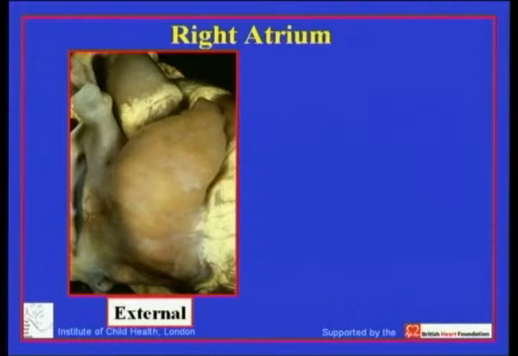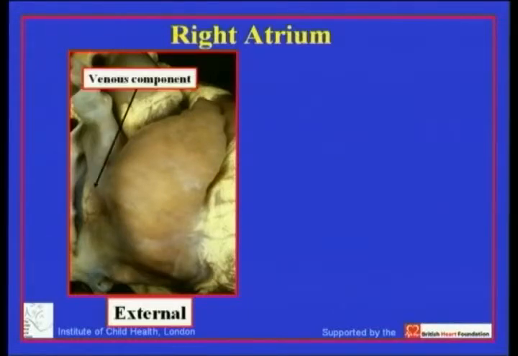Can everybody understand the picture? I find oftentimes that I show pictures that are immediately obvious to me, and I realize when the questions appear that I'm showing things that are unrecognizable by the rest of the room. So hopefully you can see what I'm showing you, and you will appreciate that this is the venous component. Very nicely here you see the superior caval vein coming in at the top, the inferior caval vein coming in at the bottom, and then what you now appreciate is that the entirety of the anterior wall of the right atrium is formed by the appendage.